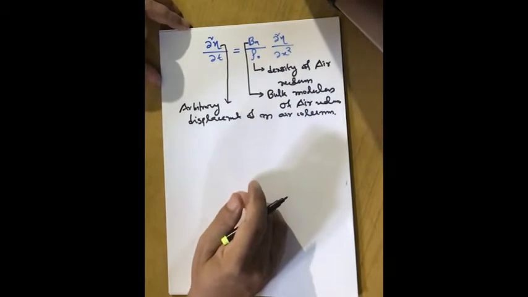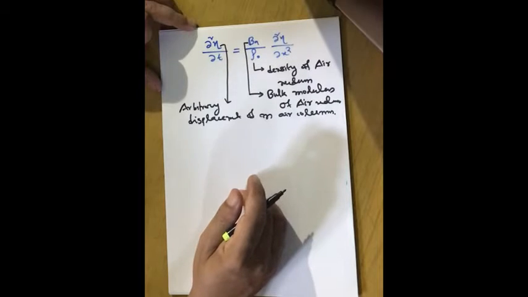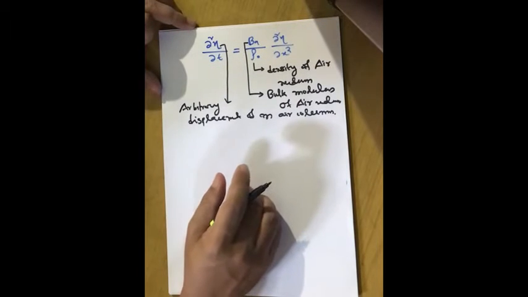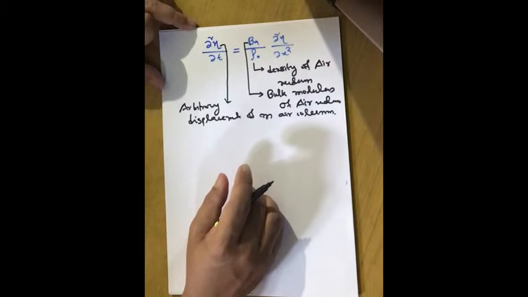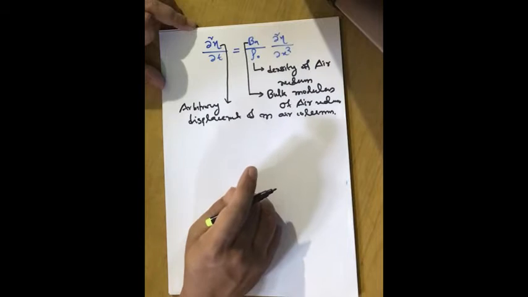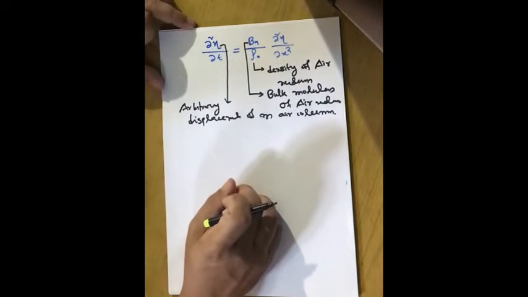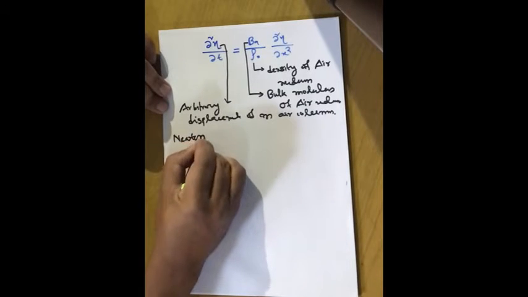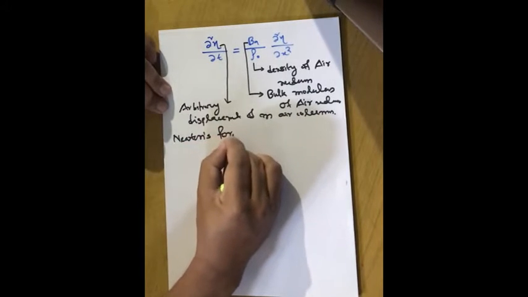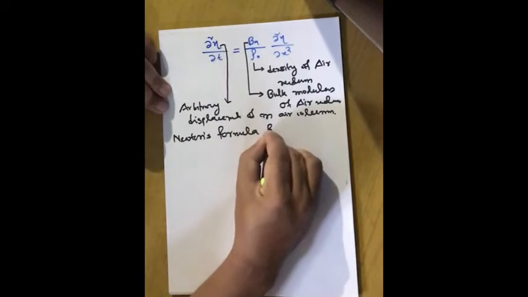Now what I am going to do is first derive Newton's formula for velocity of sound in air medium, and after that I am going to do the Laplace's correction. So first let's derive Newton's formula for velocity.